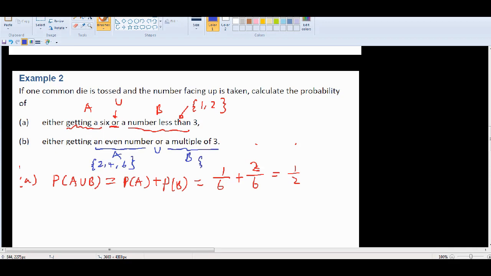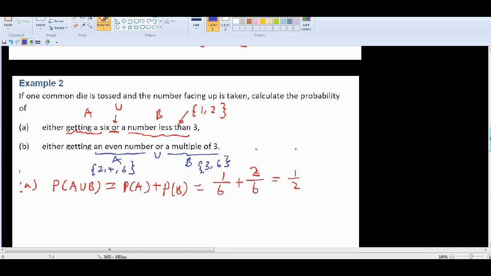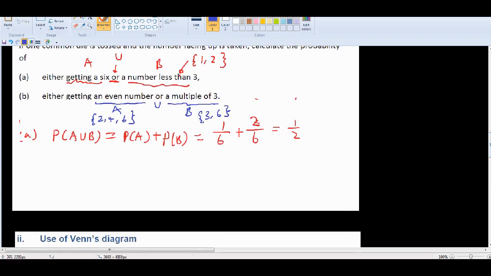Multiple of 3, you got 3 and 6. Okay, so when you compare two sets, are they mutually exclusive? No. You might get 6, then you satisfy both an even number and a multiple of 3. Okay, so for this one, they are not mutually exclusive anymore, so you need to do this.